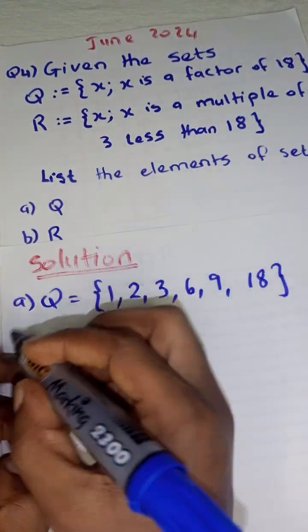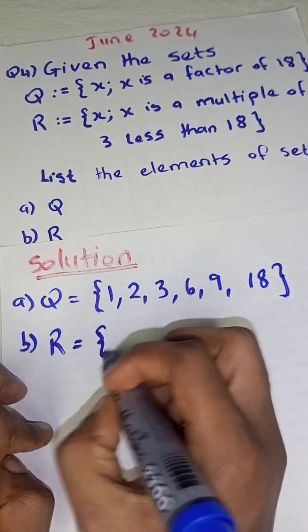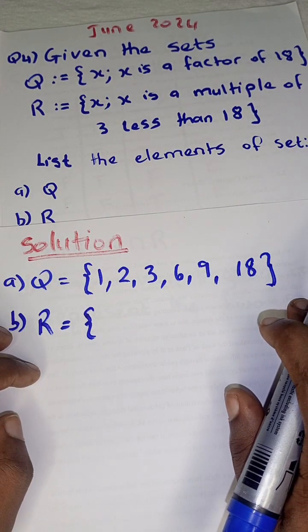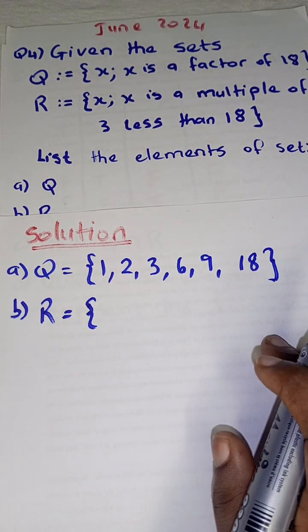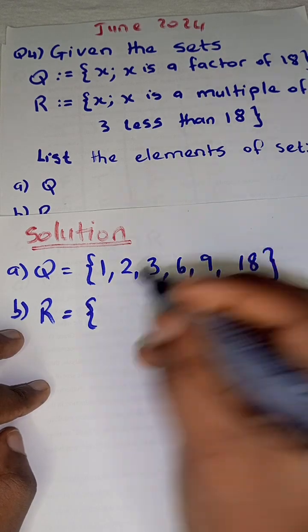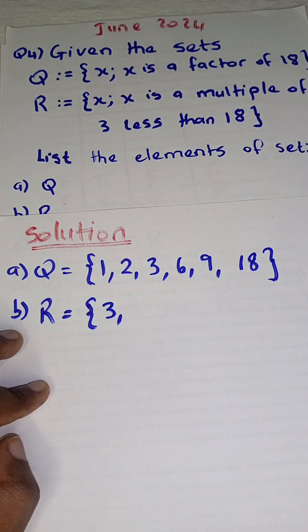The next one, B, is to list out the multiples of 3 which are less than 18. As we know, multiples always start from the number itself. So as we are asked to list the multiples of 3, we start from 3 and end at the last multiple less than 18.